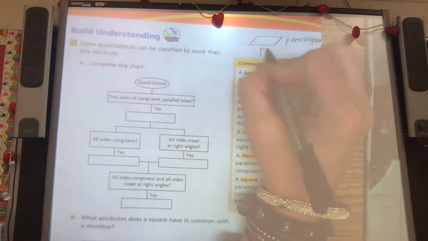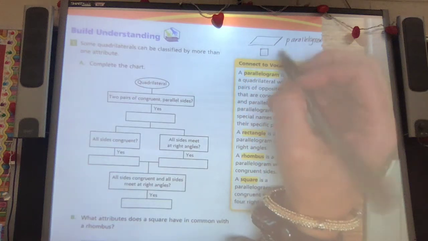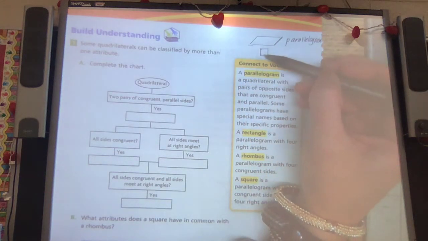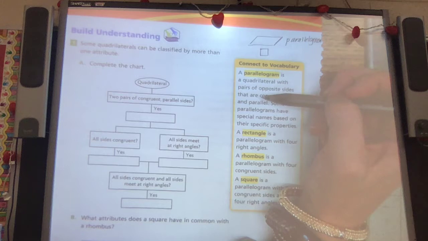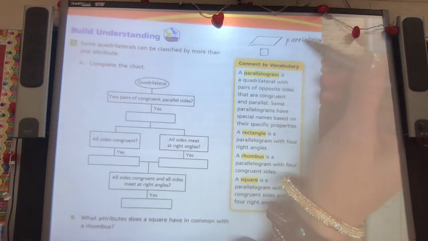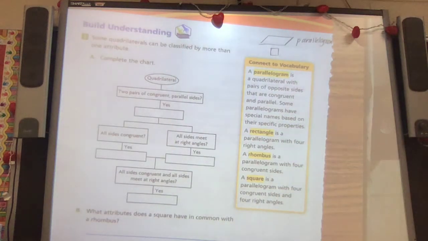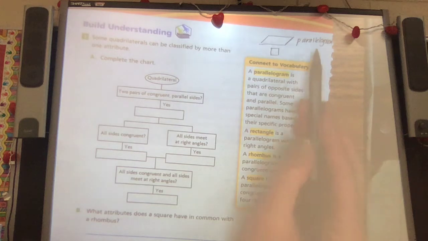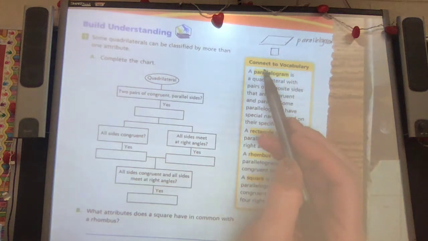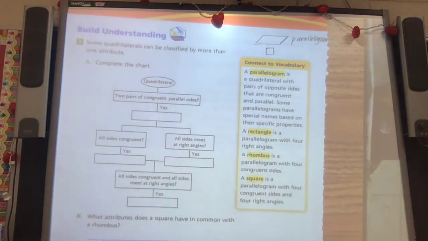Just like a square, but it does have opposite sides that are congruent and parallel. So don't think that this is a parallelogram only. Lots of things can be called and classified as a parallelogram. So we're going to look at that together. All right, so let's complete this chart.